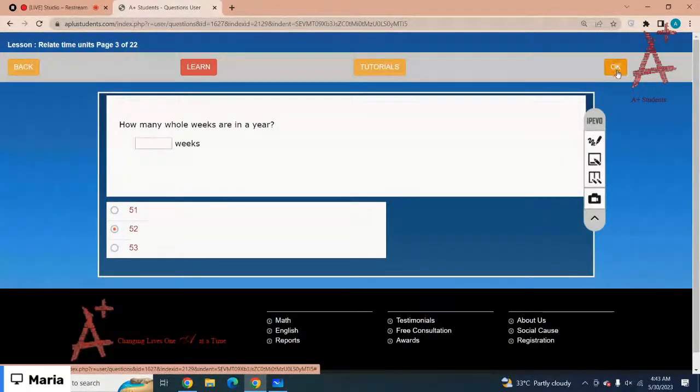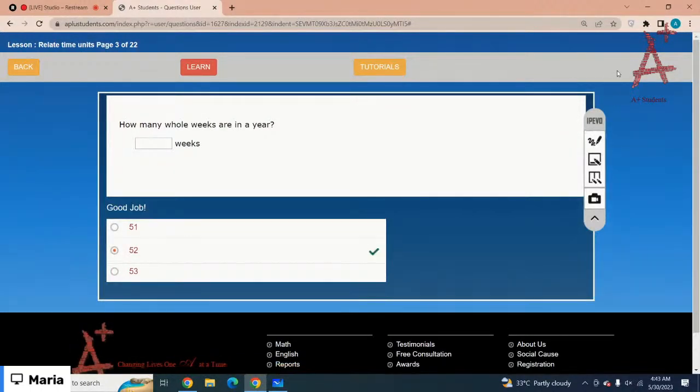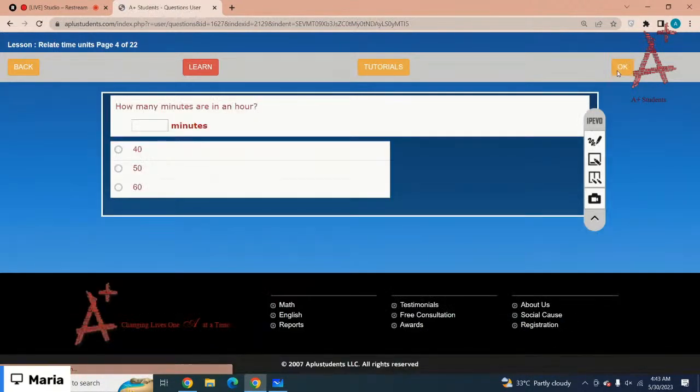So the correct option is 52. How many minutes in an hour? 60 it is.